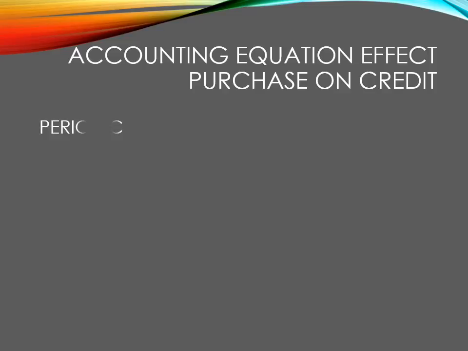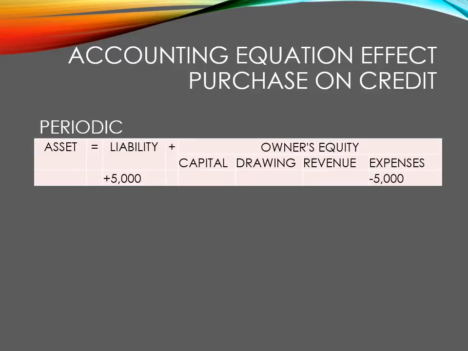If you use the periodic inventory system, when the transaction of purchase on credit occurs, you will add the liability 5,000, for example, and then you will deduct in the expenses column under the owner's equity, because it will reduce the owner's equity by 5,000.